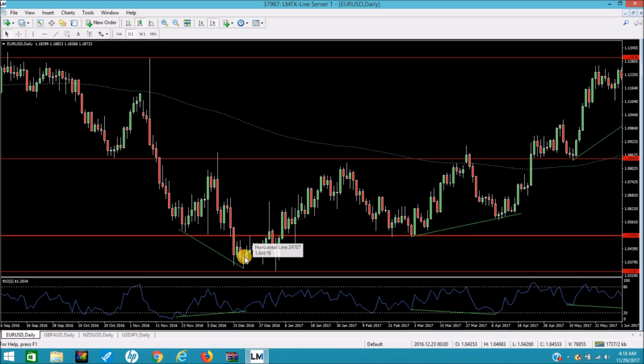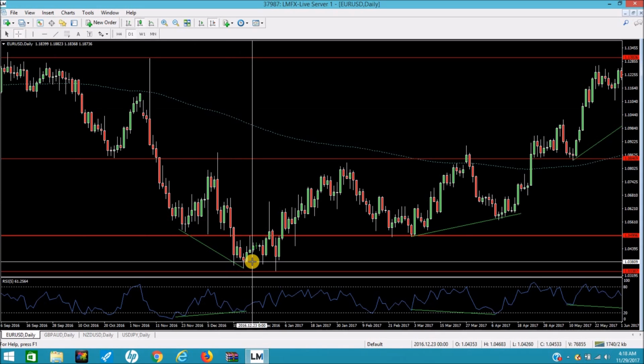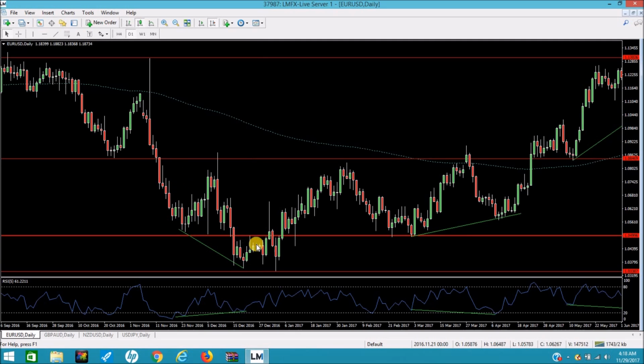That may have been from here to here, about 100 pips. Yeah, 118 pips. But I like that setup, so I would actually have held the trade a little bit longer. But anyway, I would enter there.